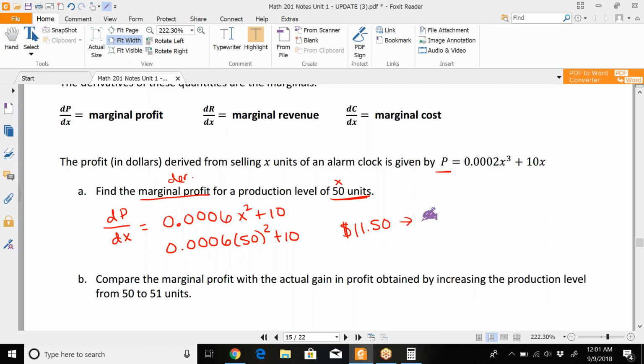We think if they go up to 51 units, the marginal profit estimates it at 1150.